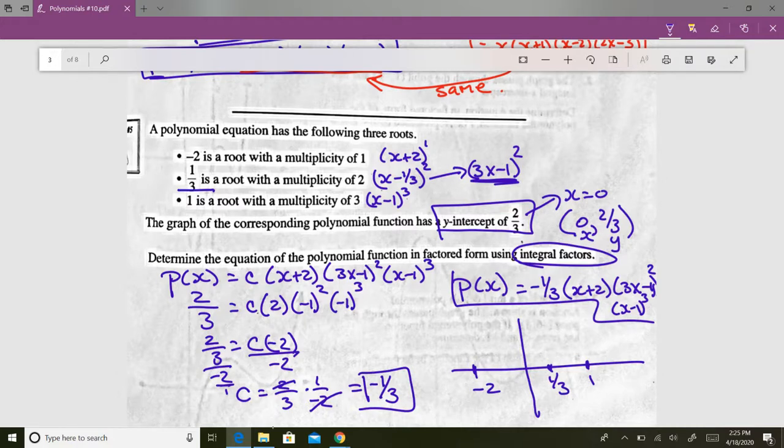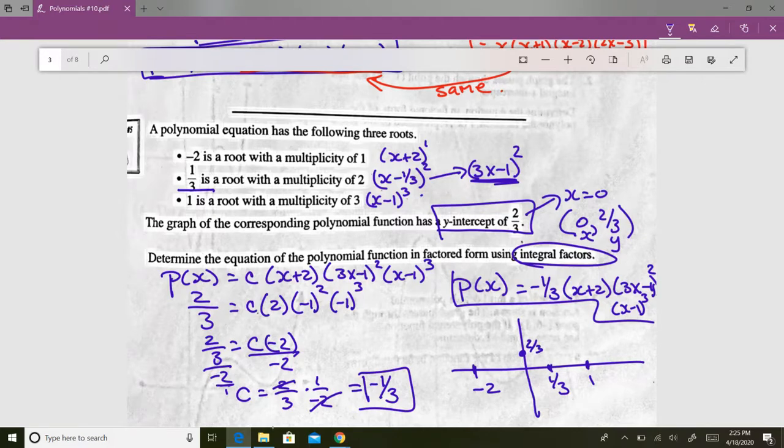The degree of the polynomial, remember, add the multiplicities. 3 plus 2 plus 1 is 6. And our leading coefficient is negative. And it has a y-intercept of 2/3, which is, well, let's guess, right there.